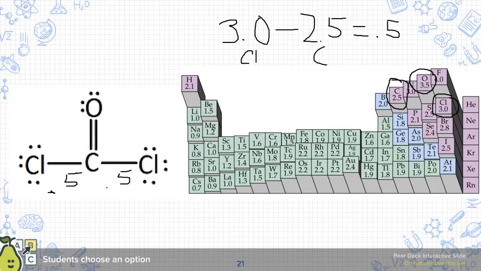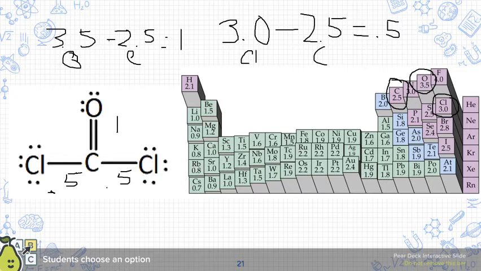For oxygen though, oxygen's got an electronegativity of 3.5. So we subtract 3.5 minus 2.5, oxygen and carbon, and that gives us a difference of 1. So our bond polarity between carbon and oxygen is 1.